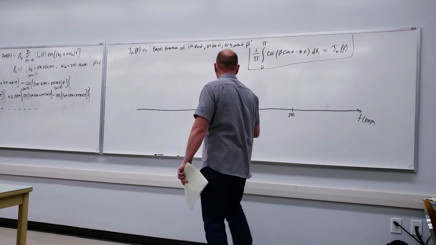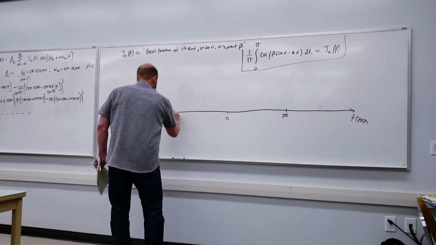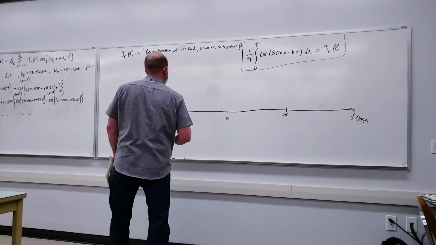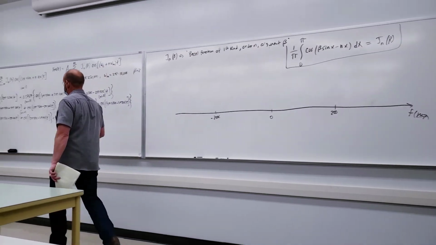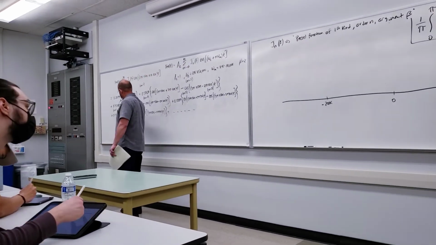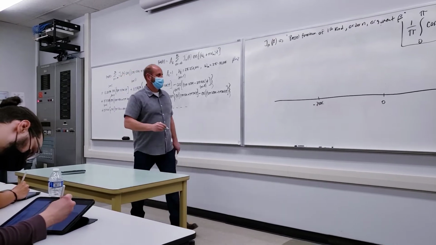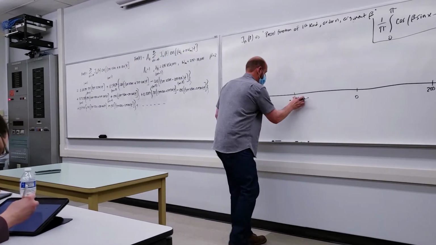There's 250k, the carrier. Here's minus 250k. All right, so our first job is to do this first term, just pure carrier. So that divided by 2, spikes plus or minus 250. I said 200. 250.